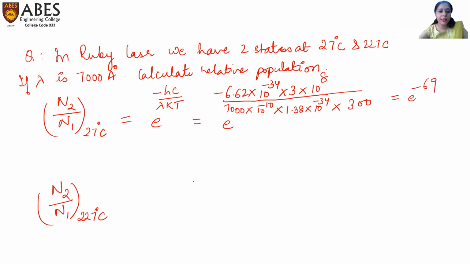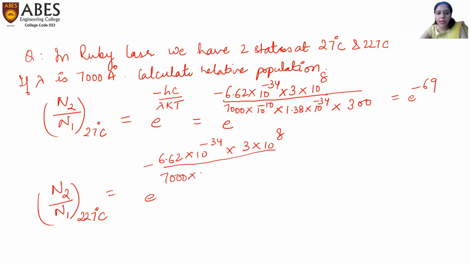Similarly, on solving the second part, it will be e raised to the power minus 6.62 into 10 raised to the power minus 34 into 3 into 10 raised to the power 8, upon 7,000 into 10 raised to the power minus 10, into 1.38 into 10 raised to the power minus 23, into the temperature. 227 will be added to 273, so it will be 500 Kelvin.